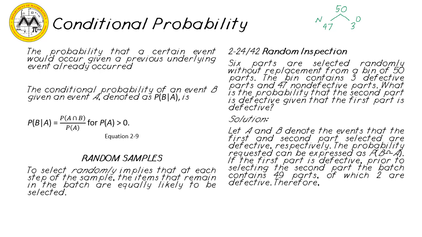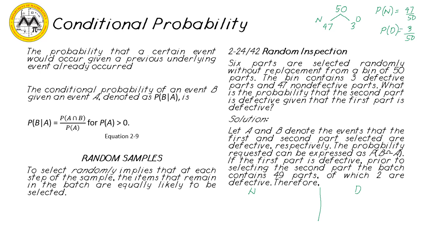If we're just going to perform the experiment in this way, we know that the probability of non-defective is 47 over 50 and the probability of defective is 3 over 50. Now, the problem is if we know that the first is defective.